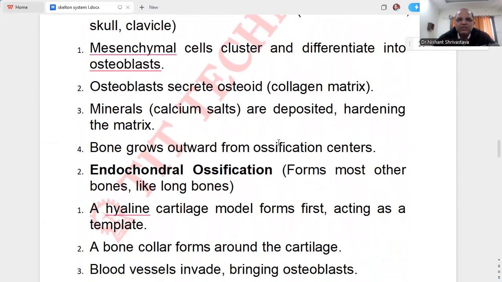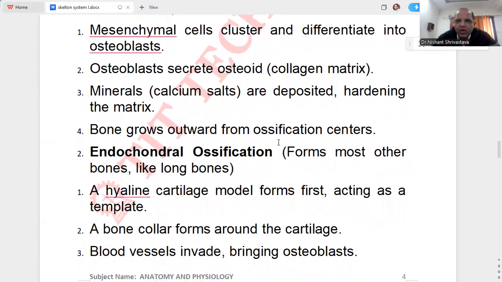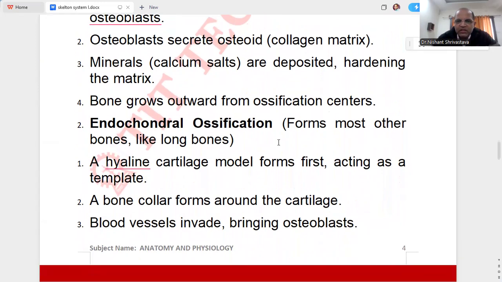Then osteoblasts secrete osteoid, which means collagen matrix. Minerals like calcium salts are deposited, hardening the matrix. Then bone grows outward from the ossification center. So this is the process.